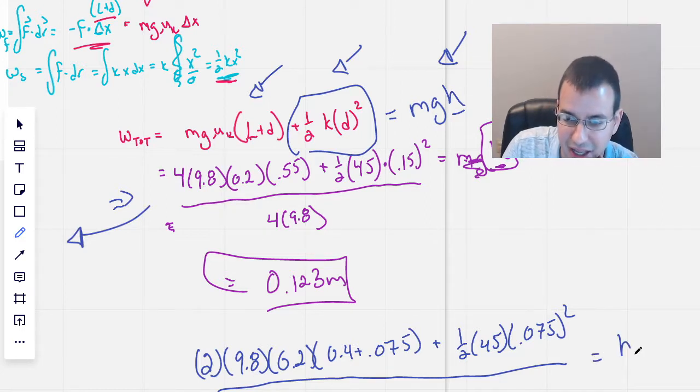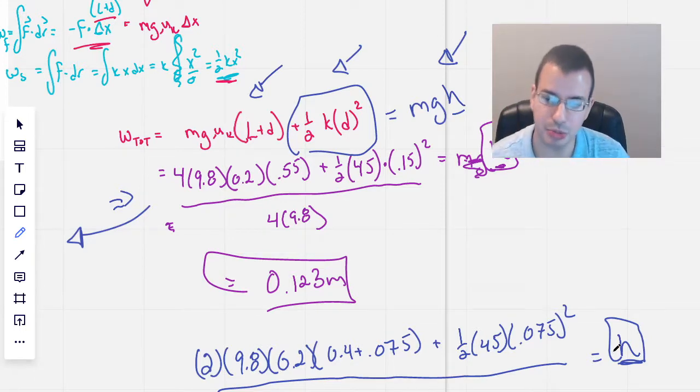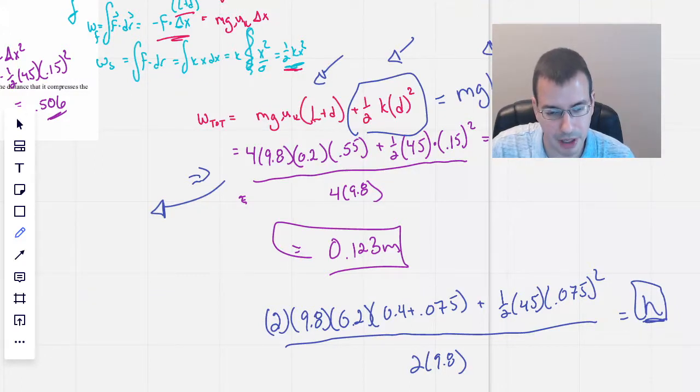Now it'll give us the amount of height required to compress the spring 0.075. Yep, I'm good with this.